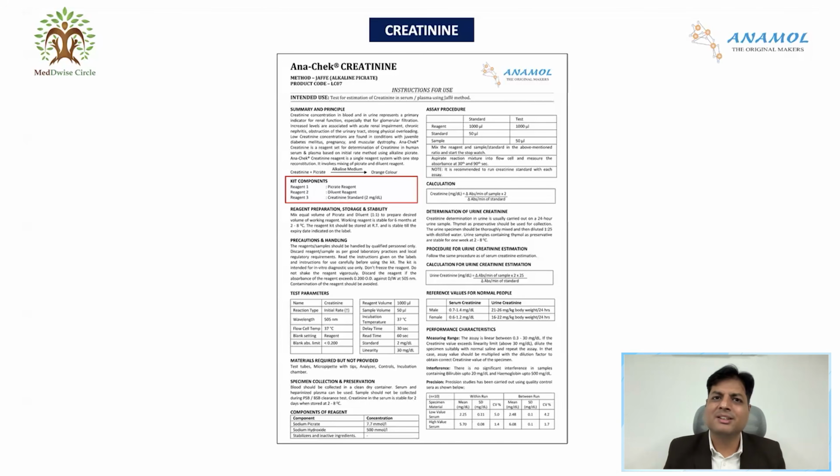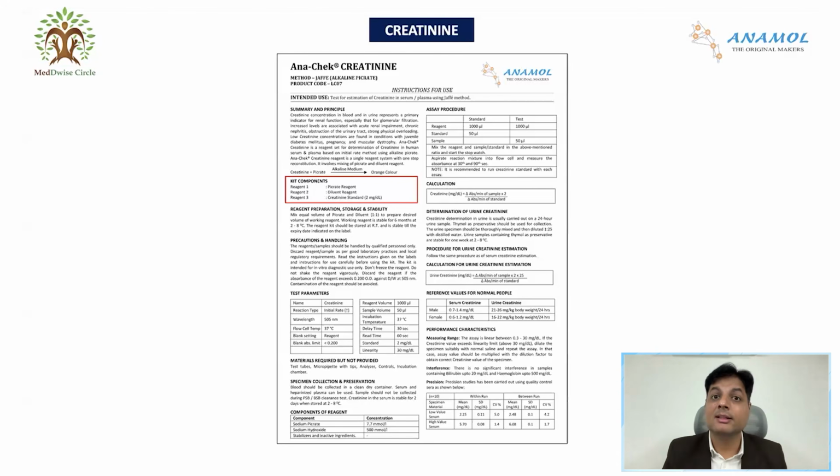Now, each company has a different way or different style of putting the information. We need to understand how we should read this information. Just for an example, we have taken one pack insert of a product called creatinine from Anamol Laboratories.